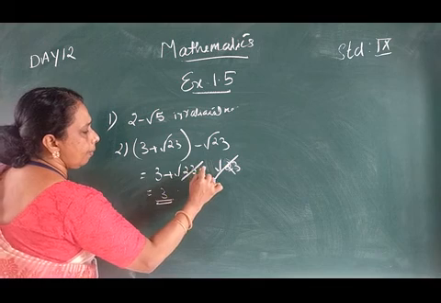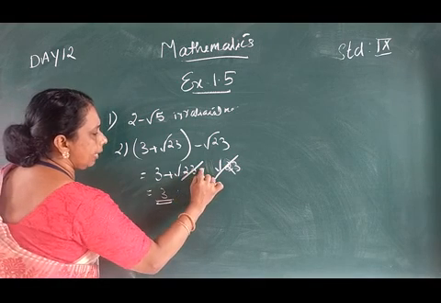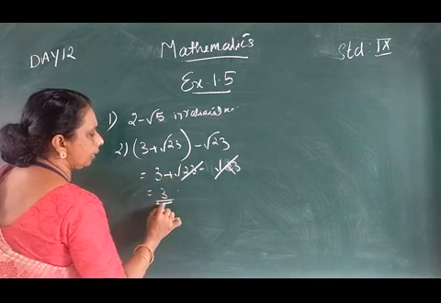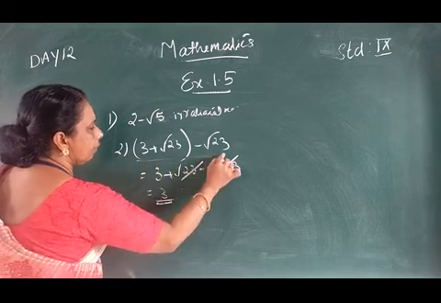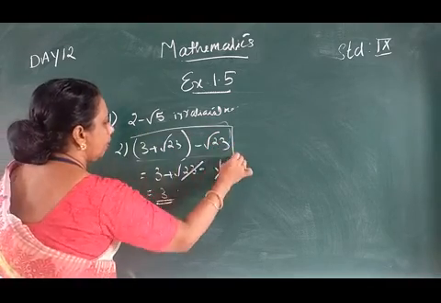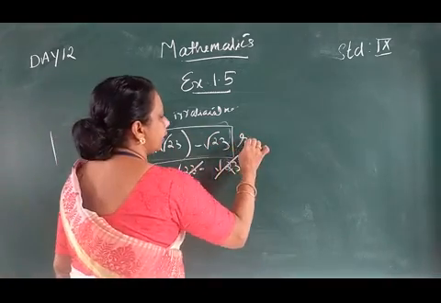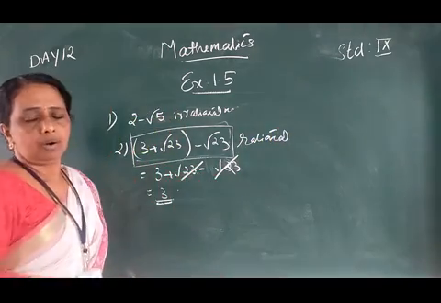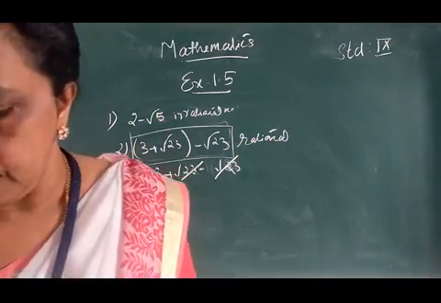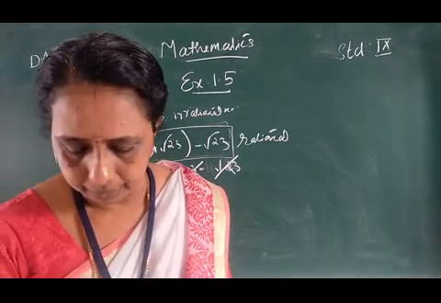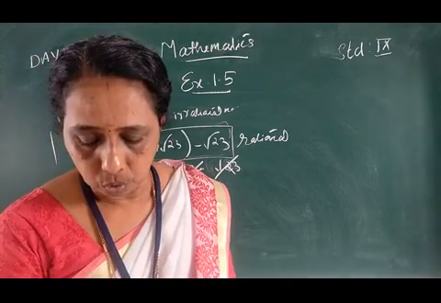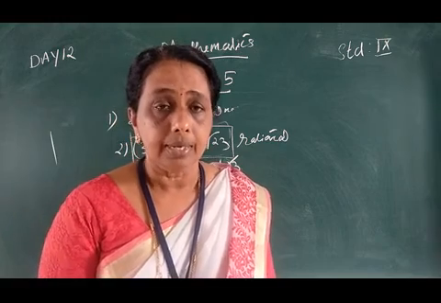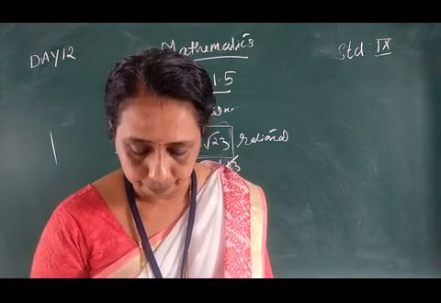Minus root 23 plus root 23 gives 0. 3 plus 0, we get 3. Therefore, the given number is a rational number, not an irrational number. Okay, that's the second question. That is, 3 plus root 23 minus root 23 is equal to 3. It is a rational number.